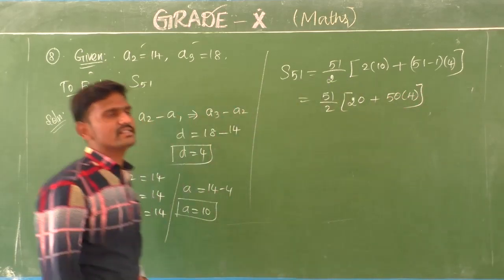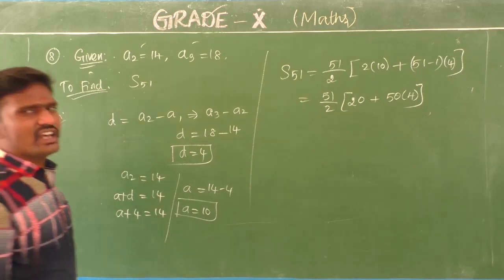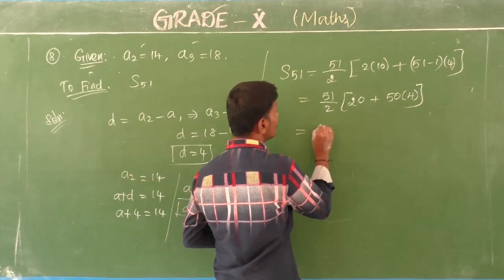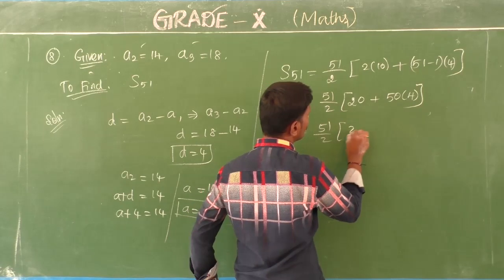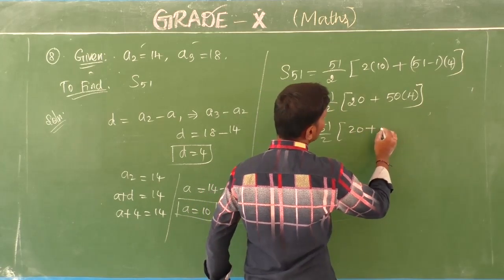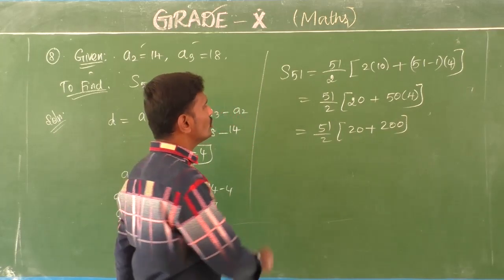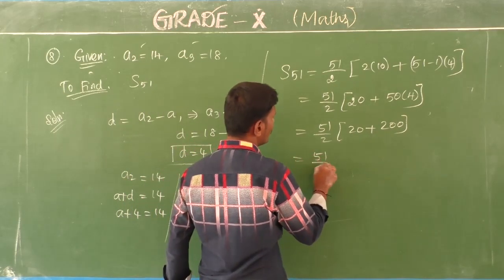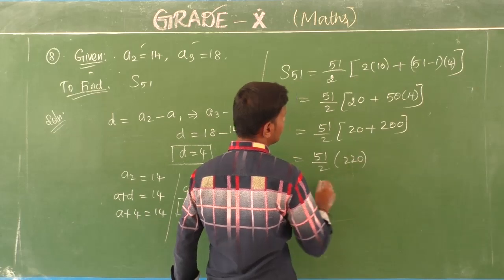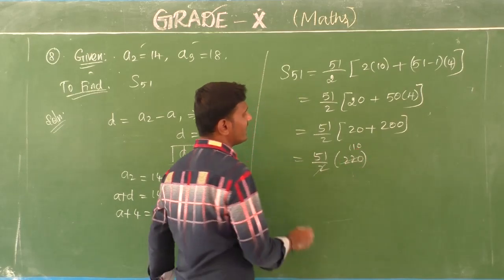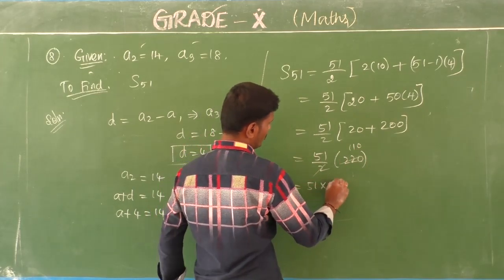Now, 50 fours are how much? We can't simplify by taking the same 51 by 2 into 20 plus 50 fours is 200. If you add those two, 51 by 2 into 220, the simplification is 110. So 51 into 110.